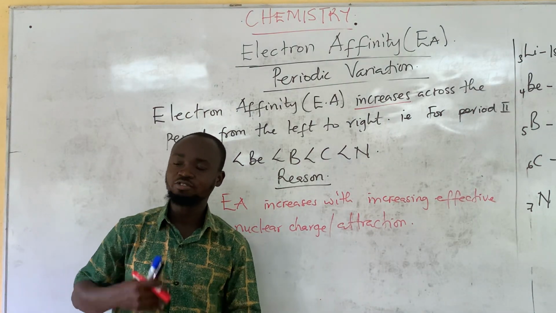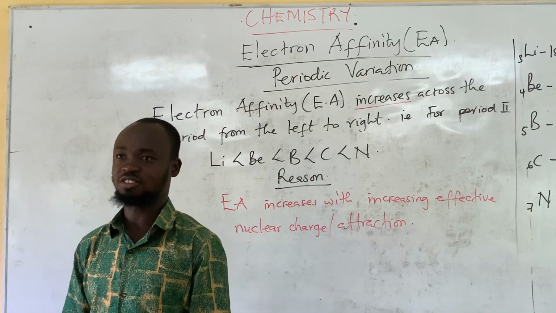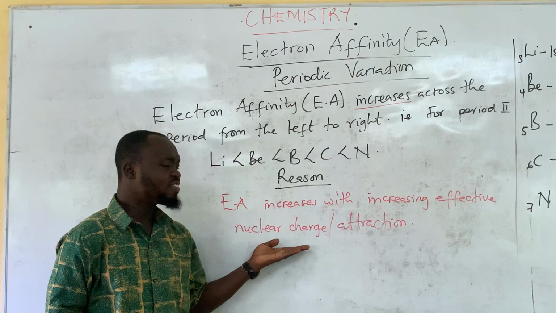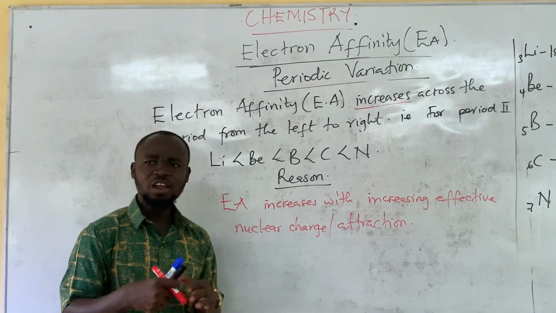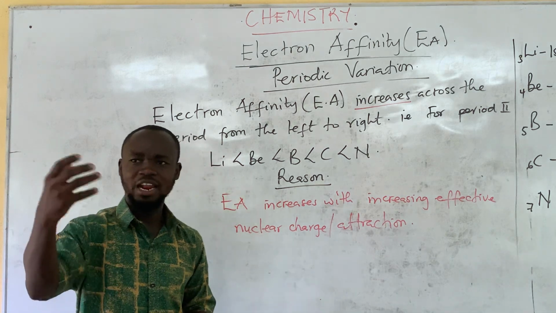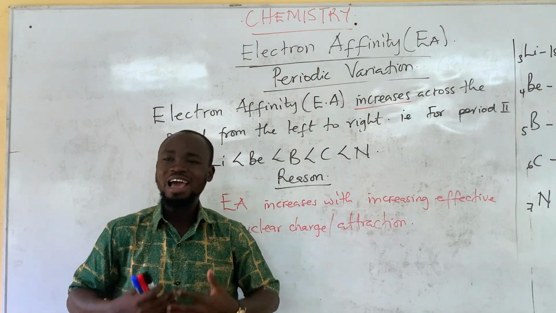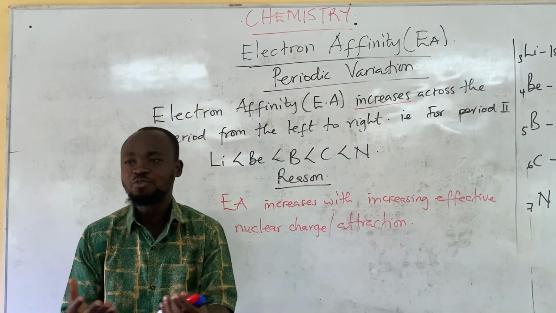Once nuclear attraction increases, it increases effective nuclear attraction. Now the question is, how will this influence electron affinity? Electron affinity means loving for an electron. If an atom has a high electron affinity, it means that it has high feelings for electrons.